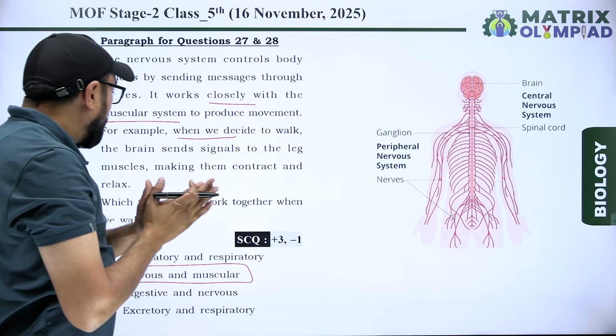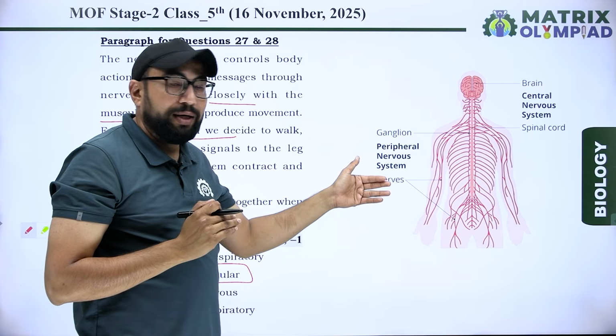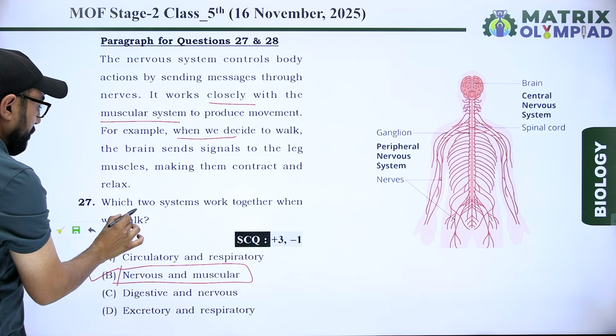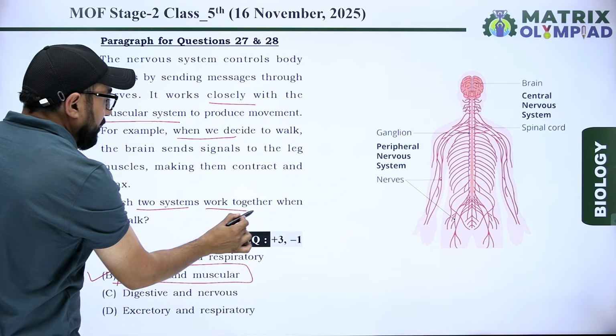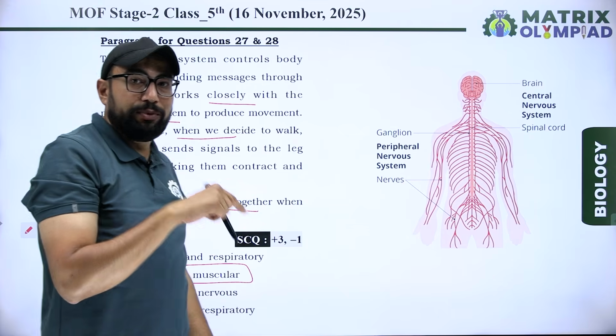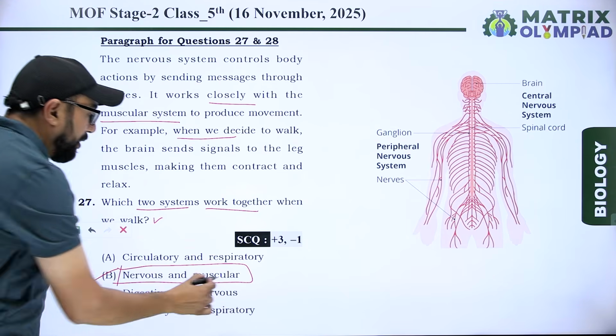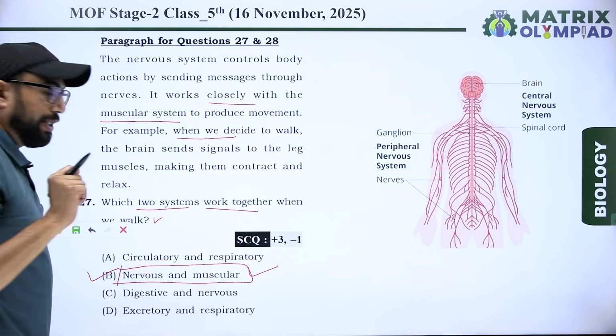So all systems relate with nerves, but here two systems work together when we walk. In walking movement, nerves and muscular system work with each other.